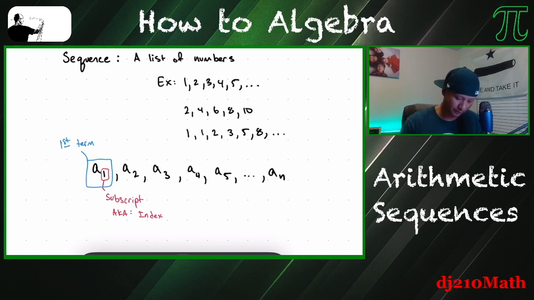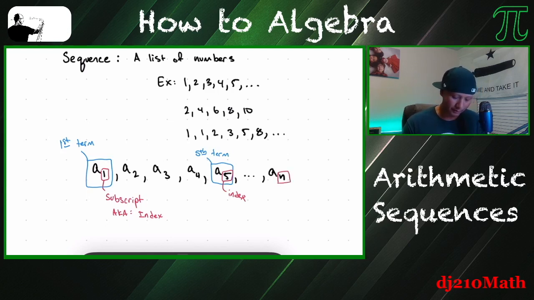So for instance, A sub 5, this is the 5th term. Again, because the index is 5. So now, a sequence could have however many numbers. There's no set number. It basically just has to be more than 2. So we can have up to n numbers, right?